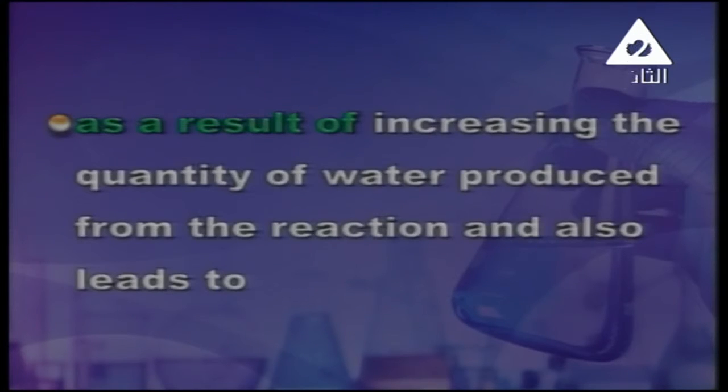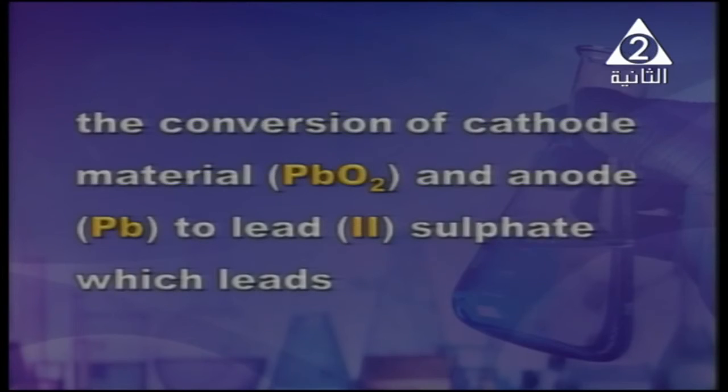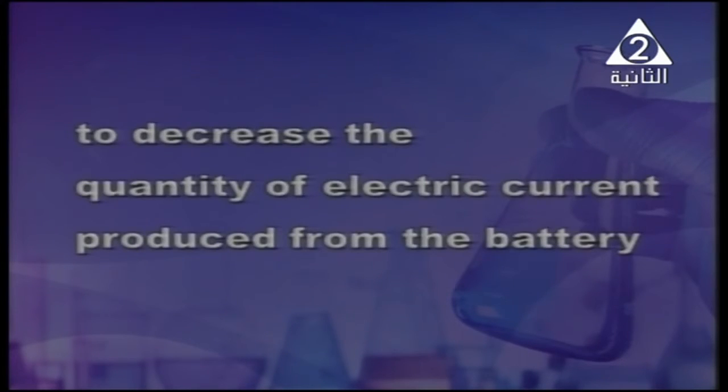As a result of increasing the quantity of water produced from the reaction, and also leads to the conversion of the cathode material, which is PbO2, and the anode material, which is Pb, to lead sulfate, which leads to decrease the quantity of electric current produced from the battery.